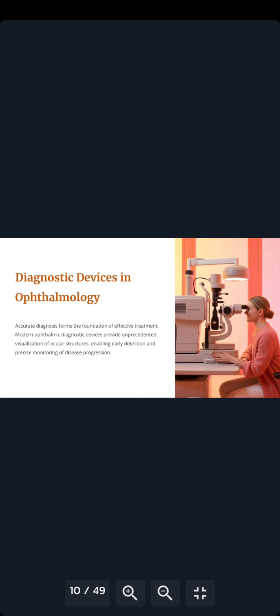These devices are for accurate diagnosis of eye problems, enabling early detection and precise monitoring of disease progression. Optical coherence tomography, or OCT, provides high resolution cross-sectional images of retinal layers.